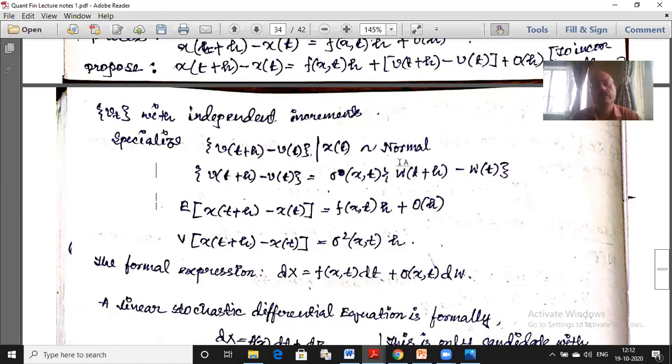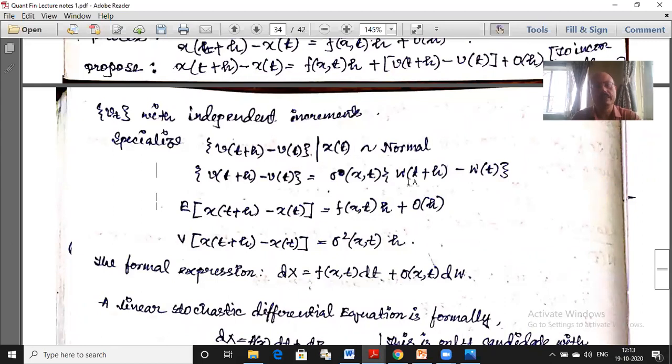If I assume the normal distribution, I can use the traditional notation and say that this increment is the same as sigma times W(t+h) minus W(t), because this is our canonical normally distributed process, the Wiener process.